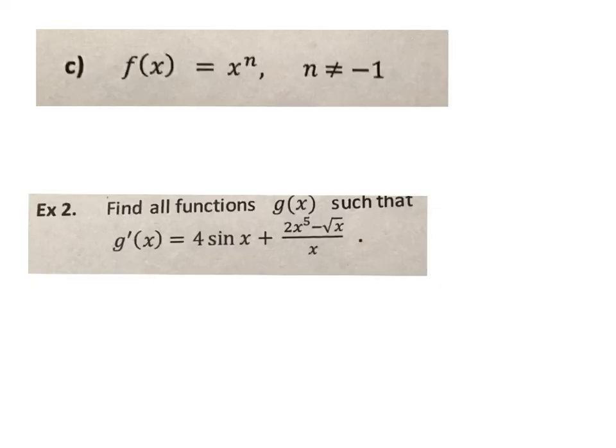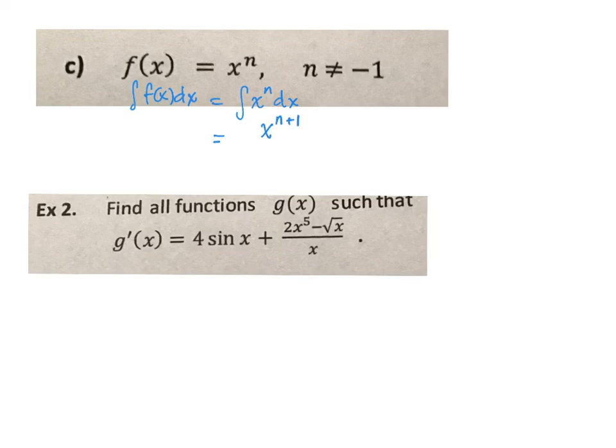Now let's come up with a formula together. The antiderivative of f of x dx, or the integral of f of x dx, is going to be the integral of x to the n dx. Now remember, when we take the derivative, we subtract 1, and now in order to take the antiderivative, we do the reverse, which is x to the n plus 1.